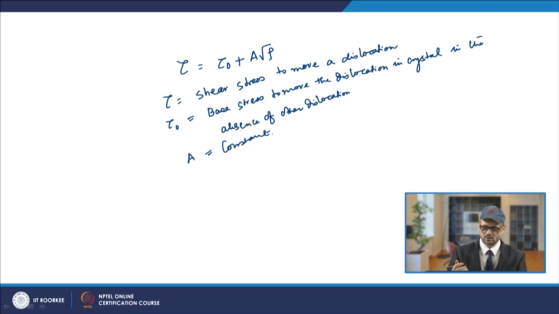This equation describes the work hardening behavior. If the dislocation density increases, then tau, the shear stress required to move the dislocation, will go on increasing.